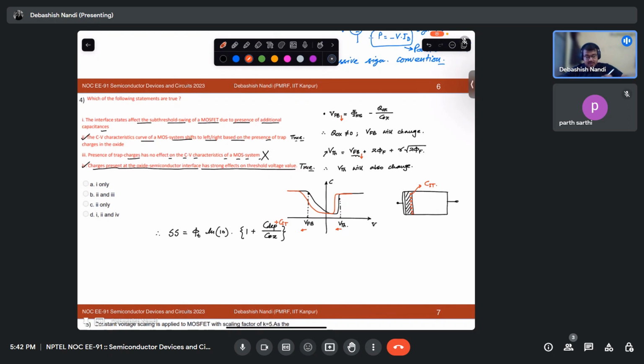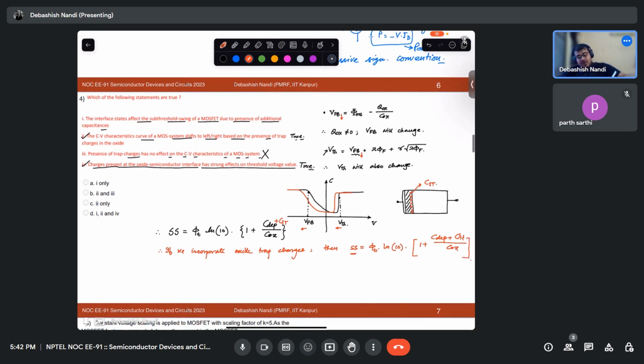So if we incorporate oxide trap charges, then your SS becomes phi t natural log of 10 times 1 plus C depletion plus CIT over C oxide. So your SS will also change.